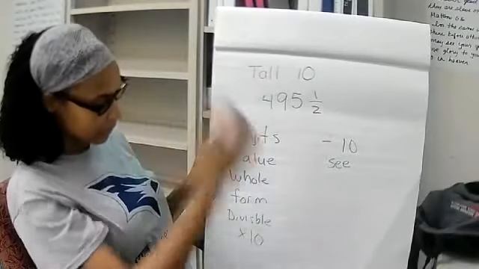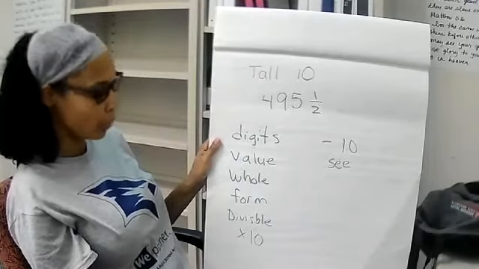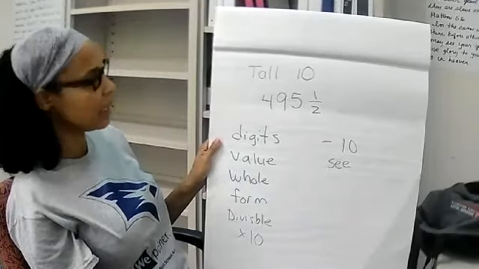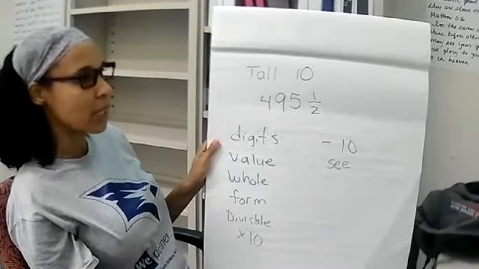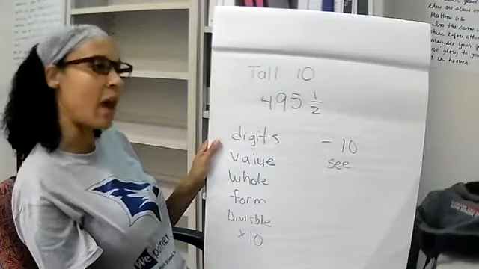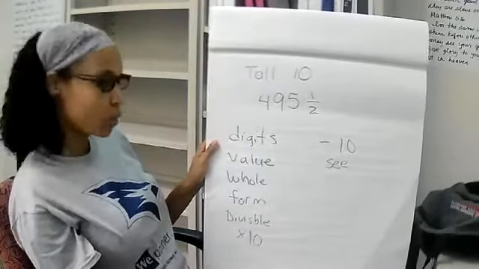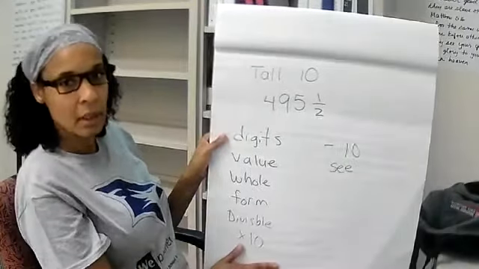They may be able to say, oh, the way you say that number, here's that number in word form. This is what it looks like in standard form or number form. They may be able to, at some point, say, oh, hey, that number is divisible by 5 or 10 or 2. So you can provide them with prompts.